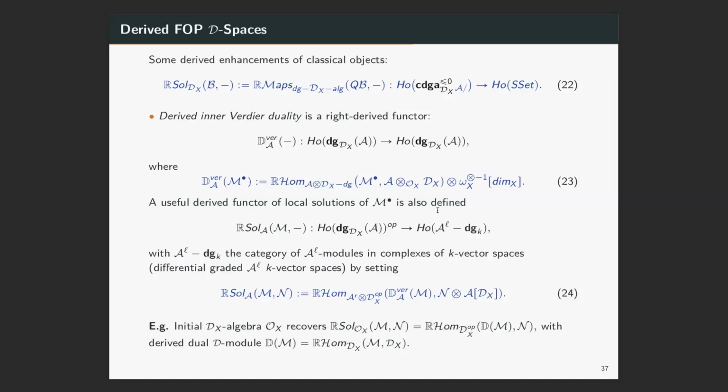Like I said last time, it has to be the A-D linear dual. Everything is DG here. And you twist and you add the shift by the dimension, so you have the correct functorialities.